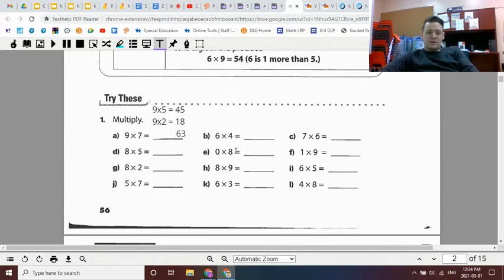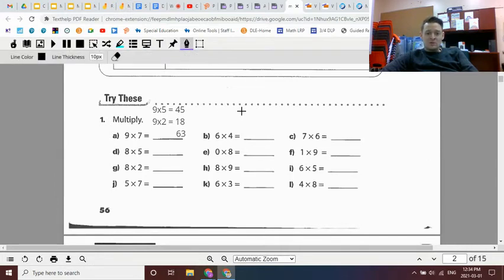Let's do another one over here. 6 times 4. This one I might just be able to draw it out and count. So I'm going to make groups of 1, 2, 3, 4, six times.